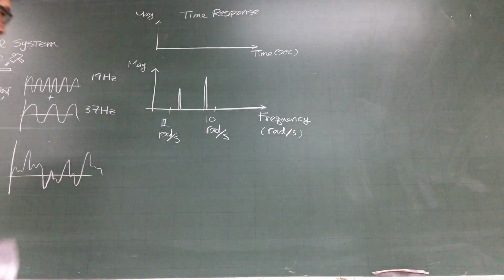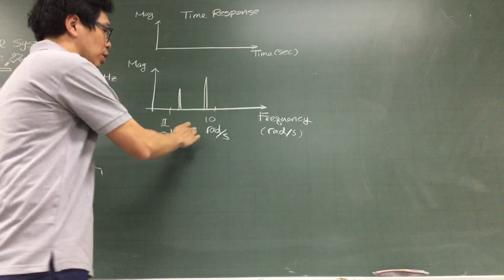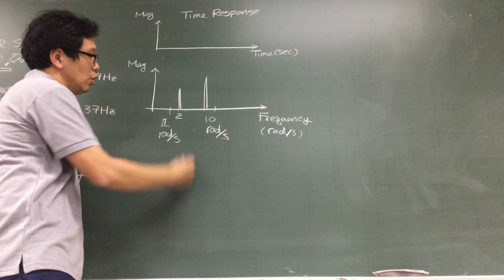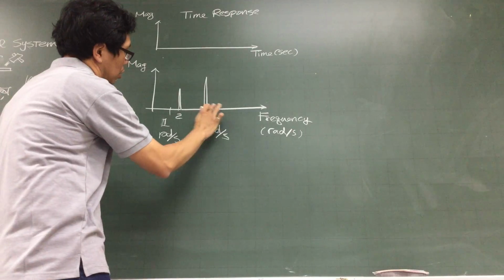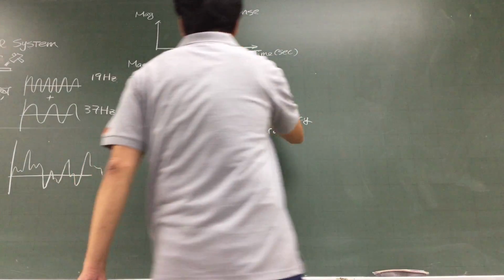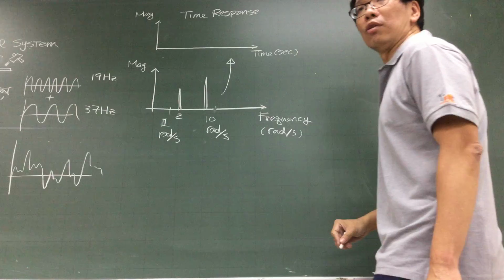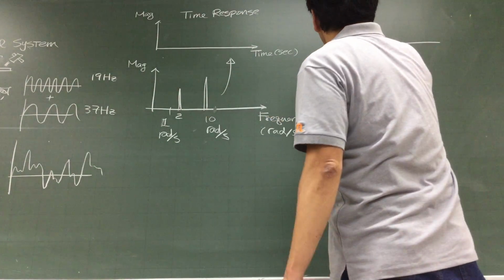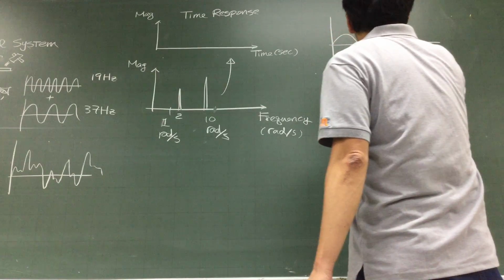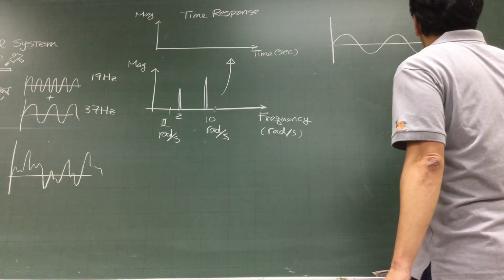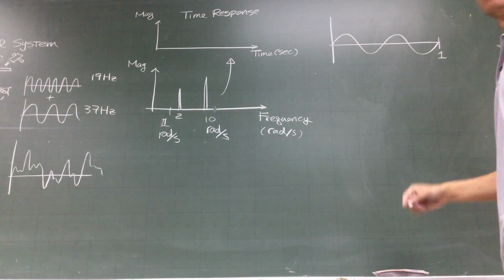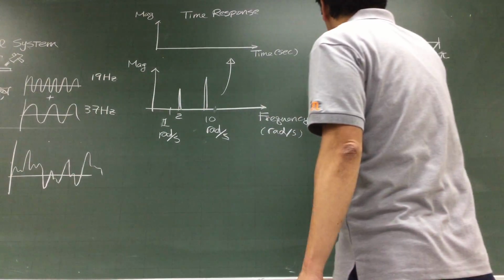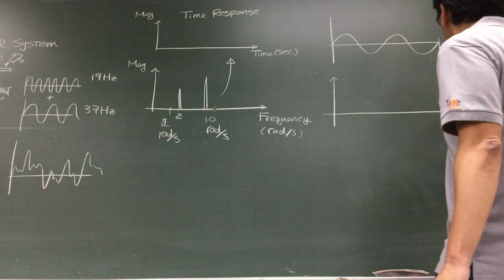So what does that mean? I'm telling you this is 10 radians per second, and this is like 2 radians per second. So if you put that back into a time series, what do you actually have? You're going to see this one. This one is 10, so we get 10 times.